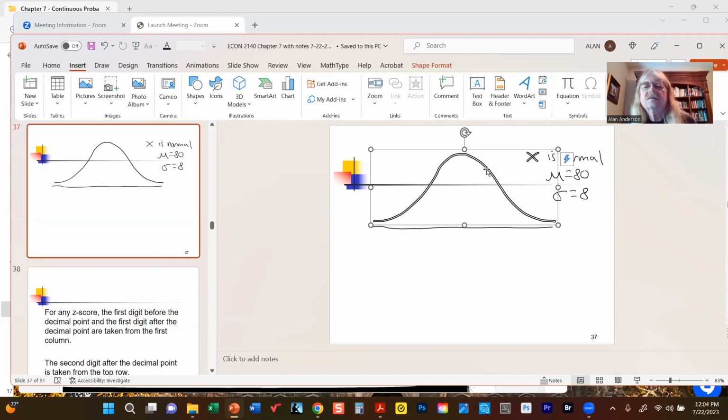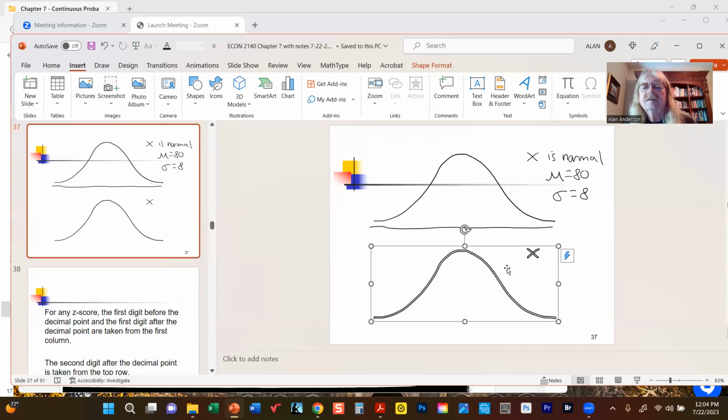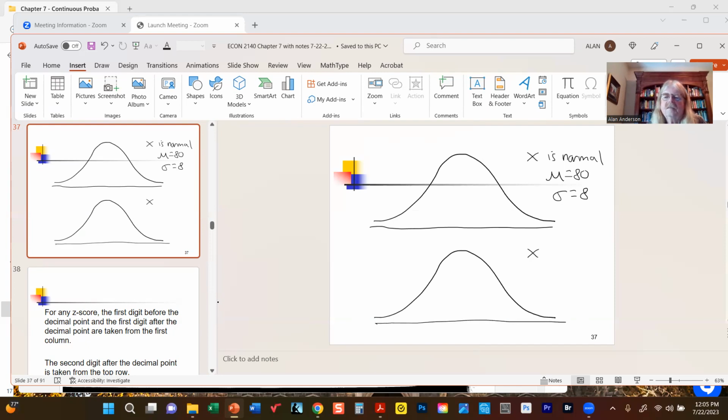Now, what I'm going to do to make this as neat as possible, I'm going to copy this. Let's see.